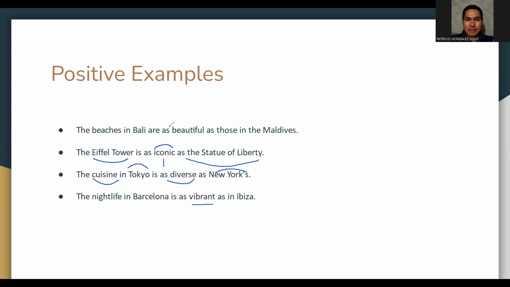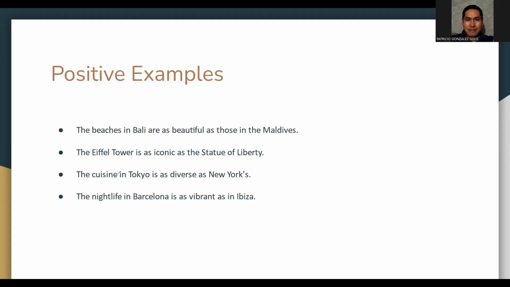Practicing as, adjective, as. This is the combination and the appropriate verb. So far, teacher, I have a question. Tell me, Ismail. As, as is for similar things?